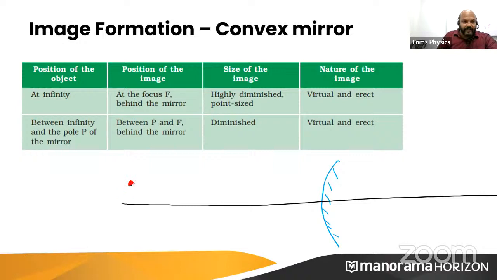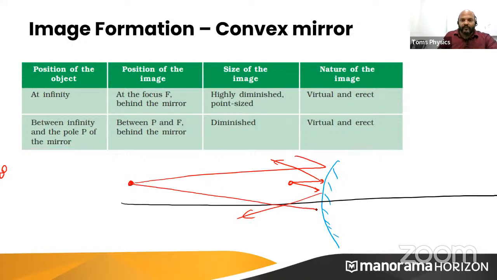It could be far away, at infinity, or very near the mirror. In each case, if you were to draw rays, you would notice that they are always diverging.